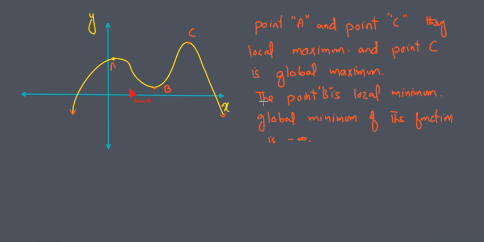Because the function is moving downward, so it will approach negative.